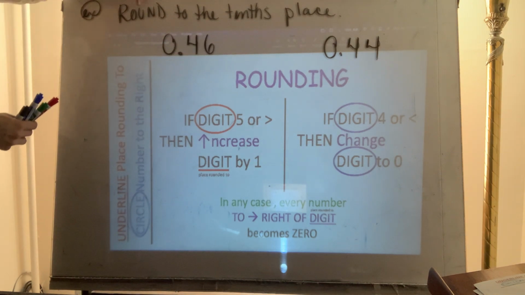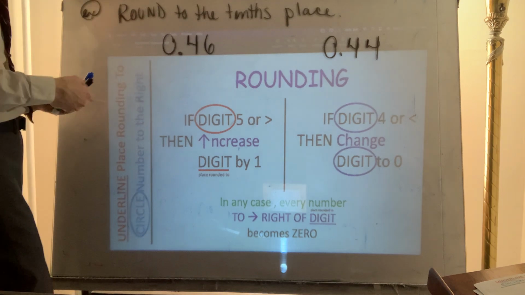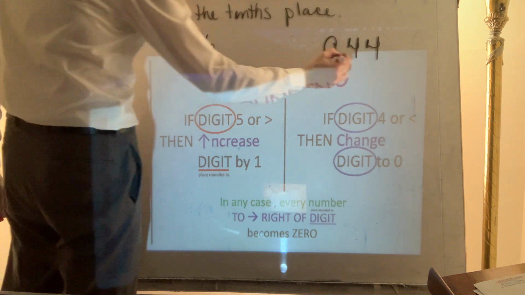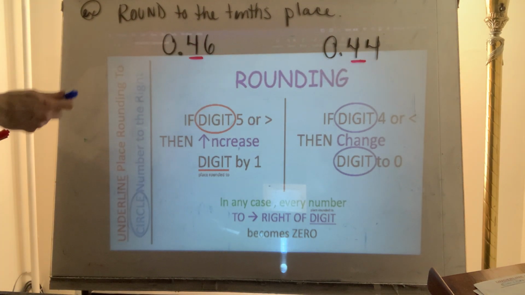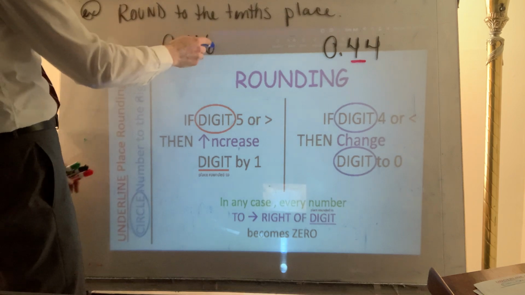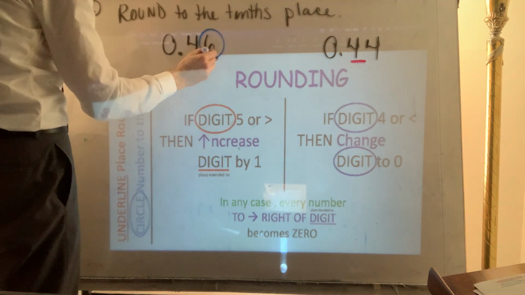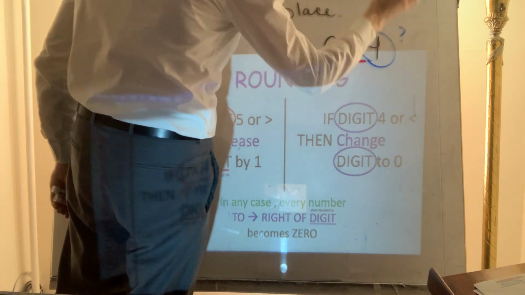First of all, if you're rounding to the tenths place, I'm going to underline the tenths place, which is where the 4 is sitting in both of these cases. And then I'm going to circle the number immediately to the right of these to make the judgment call. So I'm going to circle this 6 here to decide what I'm going to do, and I'm going to circle this 4 here to decide what I'm going to do.